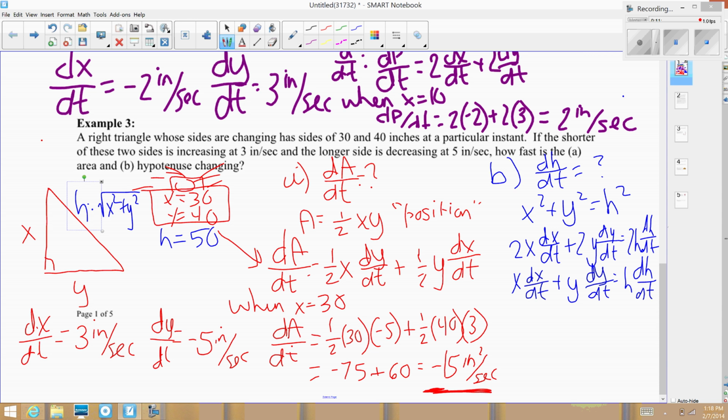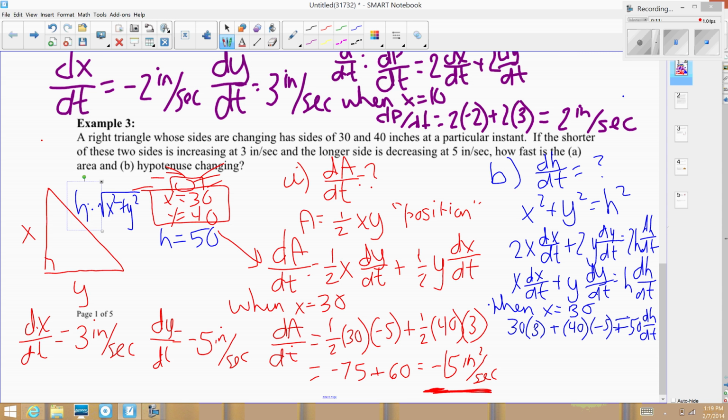So plug in those: 30 times dx dt, which is 3, plus 40 times dy dt, which is -5, equals h, which is 50, times dh dt.